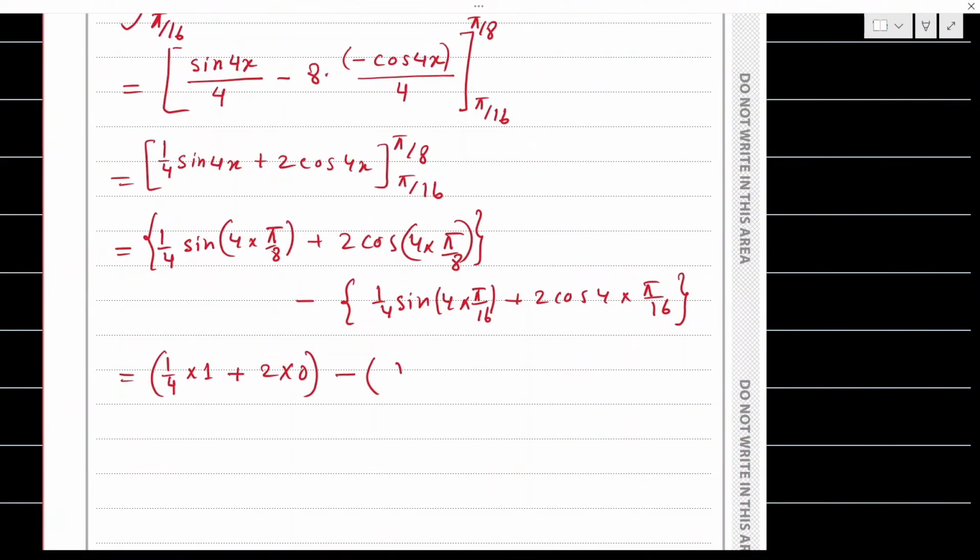So root 2 by 8, and then we have 2 cos 4 into pi by 16, so root 2. Ultimately, from this we get 1 by 4 minus root 2 by 8 minus root 2, and we can simplify this.